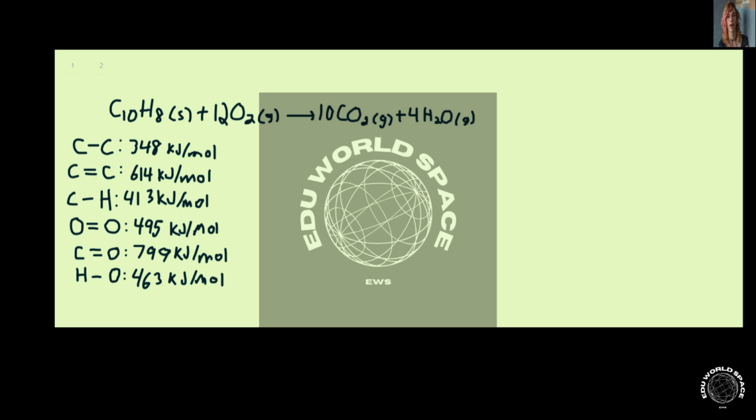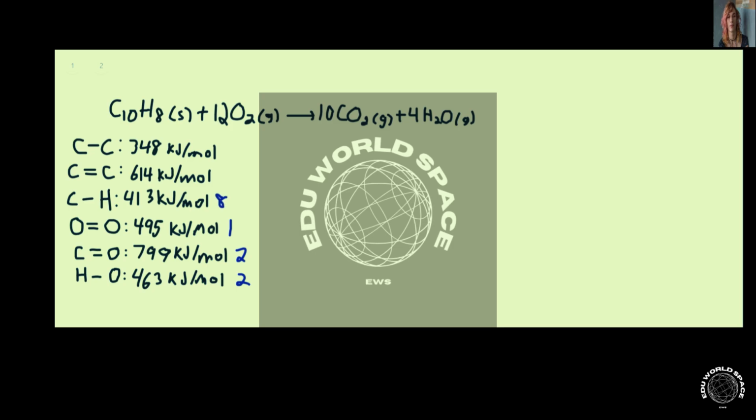Now let's look at how many of each bond we have. For H2O, we have 2 O-H bonds. For CO2, we have 2 C=O bonds. For O2, we have 1 of these. And for C-H, since we have 8 hydrogens, that means we have 8 of those bonds.